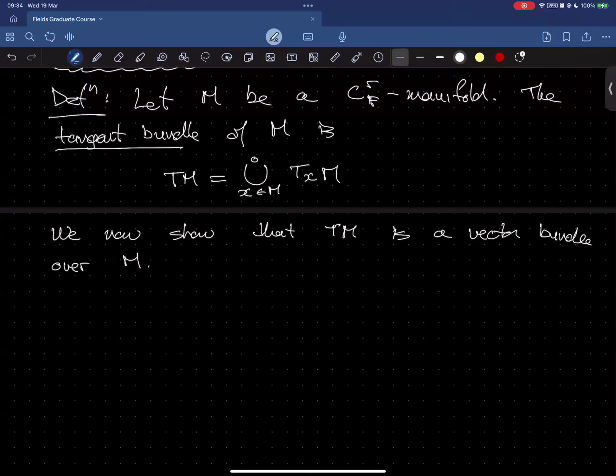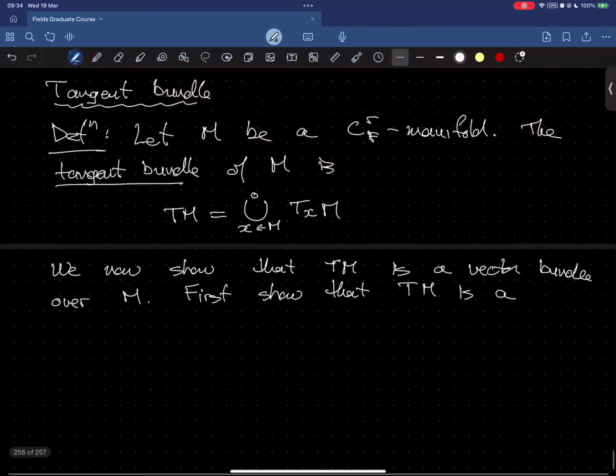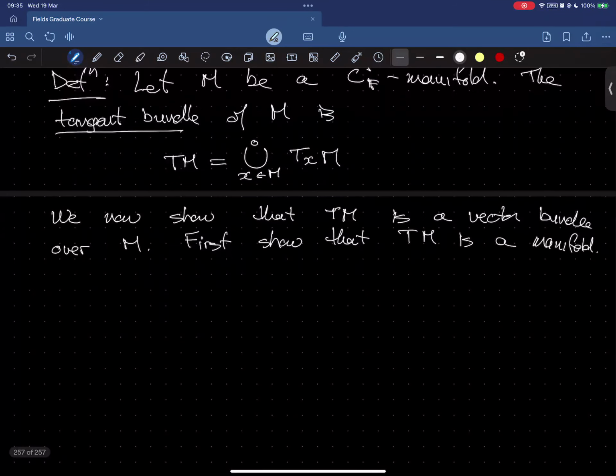So first of all, we'll show that it's a manifold. Okay, and we do this by producing an atlas. Okay, and the atlas that we're going to produce has as its starting point charts for M. Okay, so let's take a chart for M.